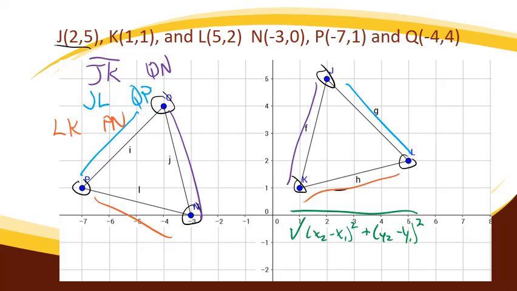So let's see if these corresponding parts, JK and QN, and then JL and QP, and then LK to PN, do in fact have the same length or measurement. And if they do, then these triangles are congruent.